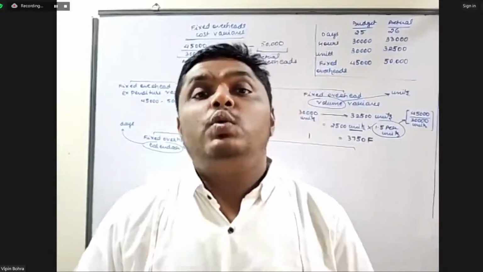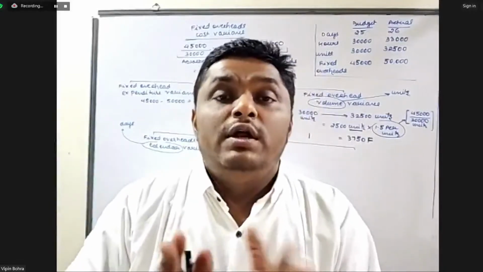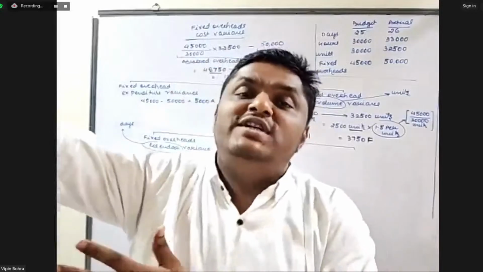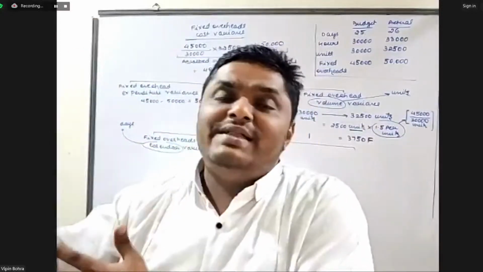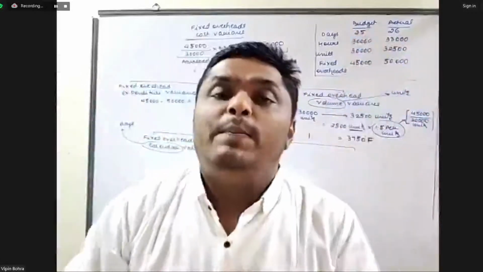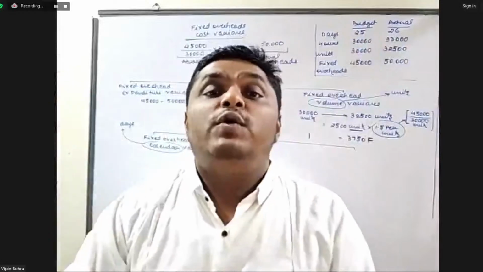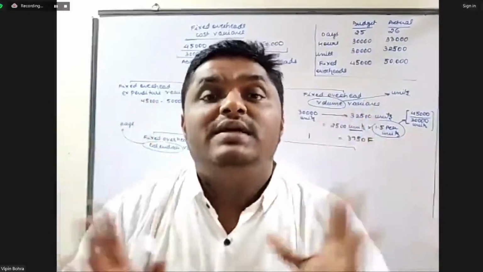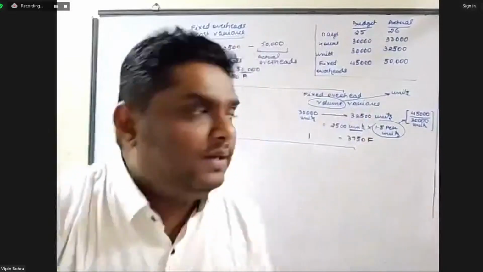They reported to work for 26 days. That is 1 day extra they reported. Just forget about whether the work was done efficiently or inefficiently. That is a different thing. My point is, my workers were supposed to report to office for 25 days, but they actually reported for 26 days. 1 day extra they reported. So it's a good sign for the company. That's why it is favorable.